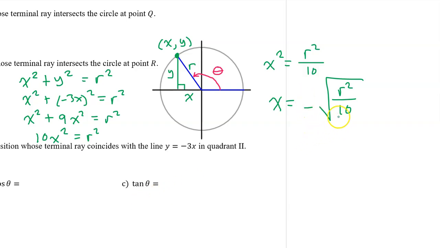We can simplify this a little bit because when you take the square root of a fraction, you take the square root of the numerator and the denominator separately. So this will simplify down to the opposite of r over the square root of 10. The square root of r squared is r.